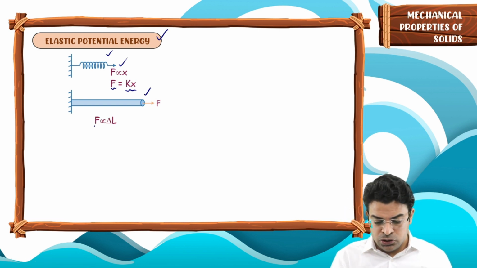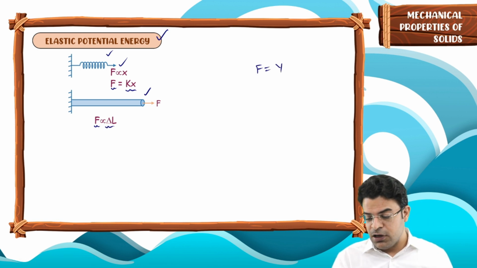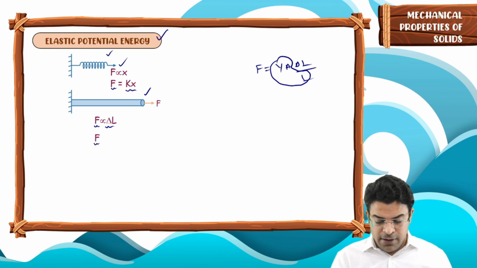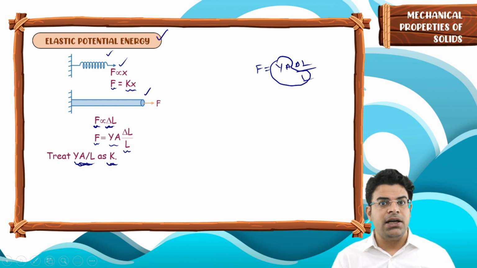So here also we know that the force is directly proportional to the deformation, F equals YA delta L by L, and I told you to take this YA by L as a proportionality constant K. So F, which equals YA delta L by L, is directly proportional to delta L. Hence, you can treat YA by L as the spring constant K.